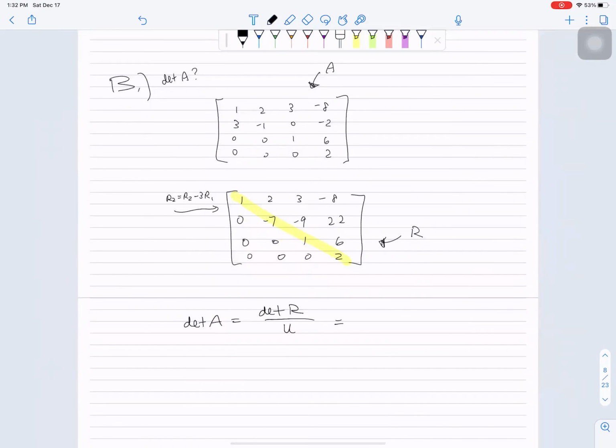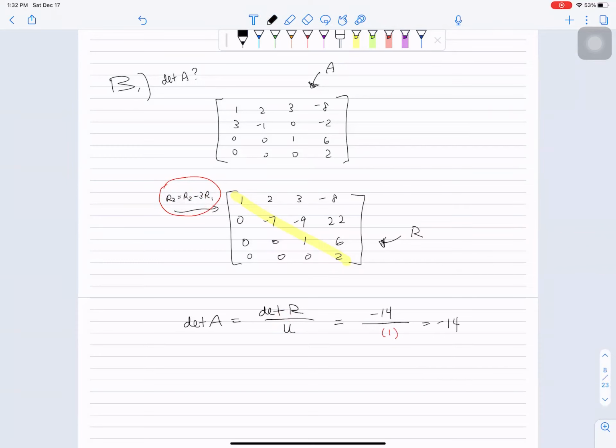So what is the determinant of R? I can multiply directly. 1 times -7 times 2 is -14. What were the changes I made? I only did an added combination. And recall that a combination does not change your determinant. So I just divide by 1. So my final answer for the determinant of A is -14.